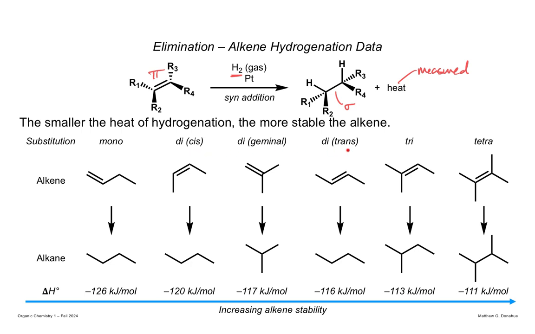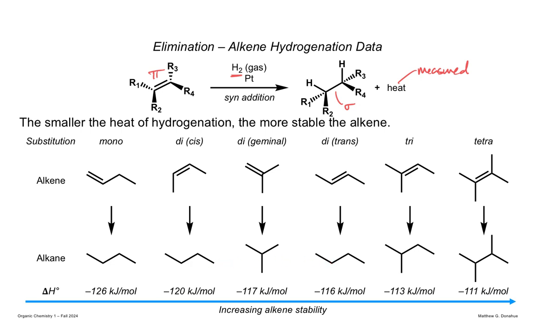The next three examples are the disubstituted. So cis, they're on the same side. Geminal, they're attached to the same carbon. In trans, they're opposite. So there's a little bit of fudging here because this center one is not producing the same butane, right?